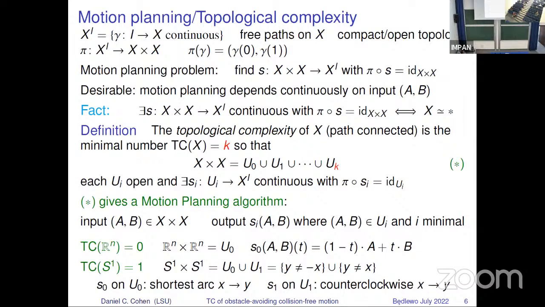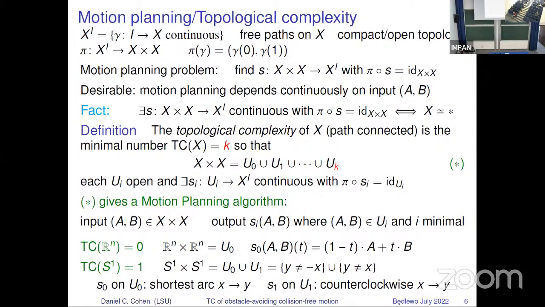The motion planning problem in this context is to find a continuous map, if you can, S, that goes in the other direction from X × X to the path space, which is what's called a section of this projection map π.